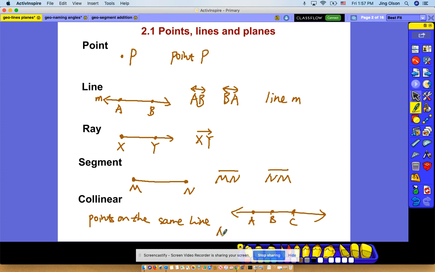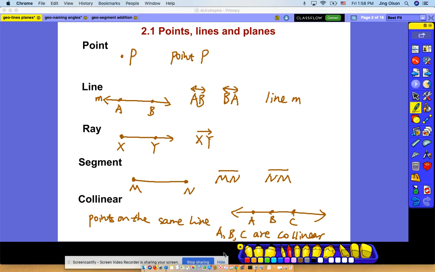When we talk about collinear, we're usually talking about 3 or more points, because any 2 points are collinear. You can draw a line through 2 points. So that is how you write these things properly.